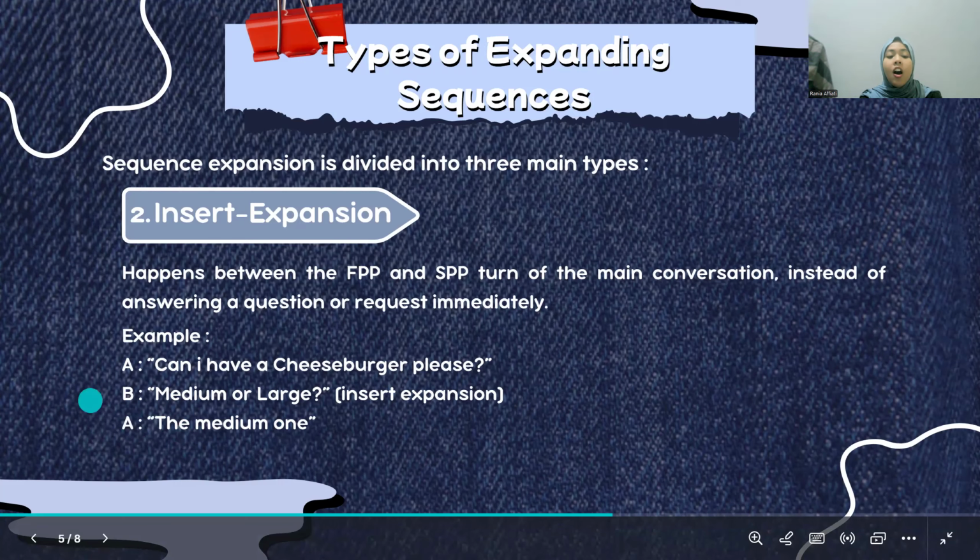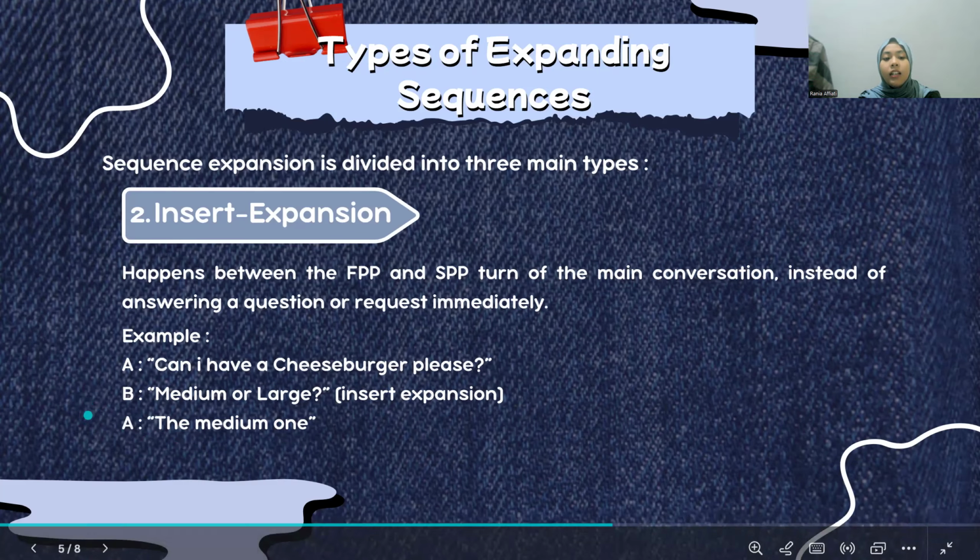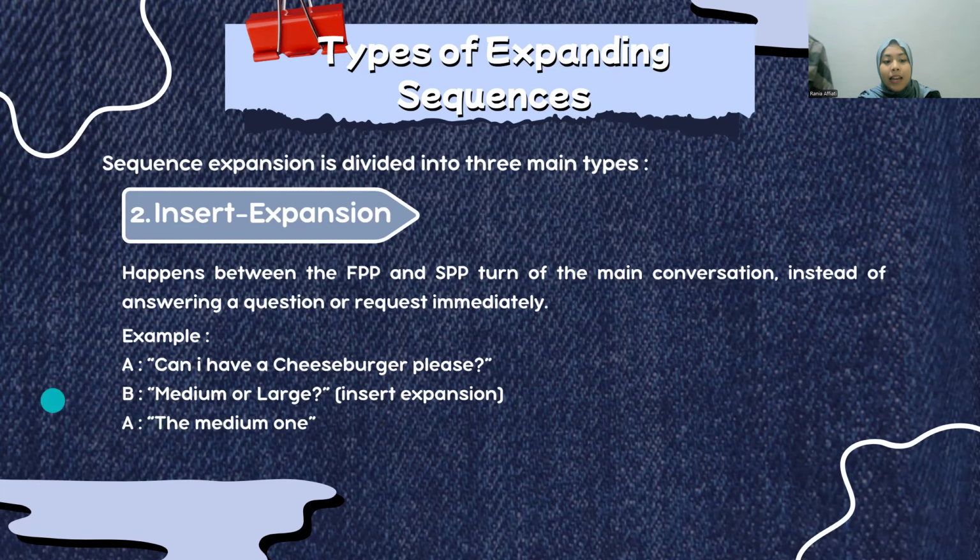But in this conversation, speaker B tries to insert some expansions. Instead of just answering yes or no, speaker B answers in another way: "Medium or large?" Why did this happen?